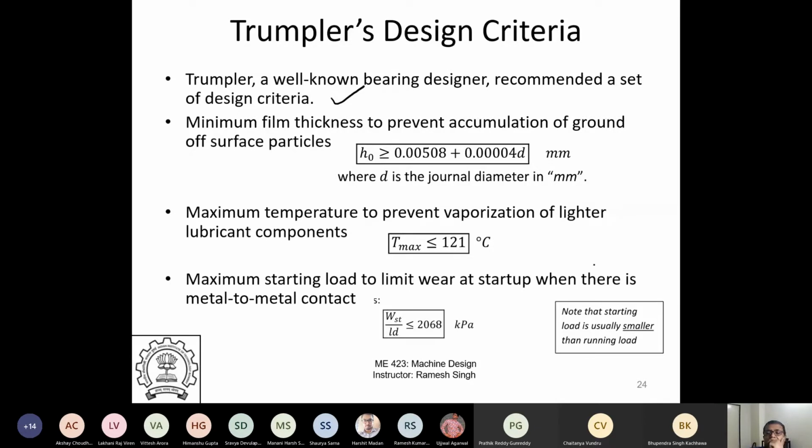If the film thickness is very small, what do you think will happen? We talked about it, right?